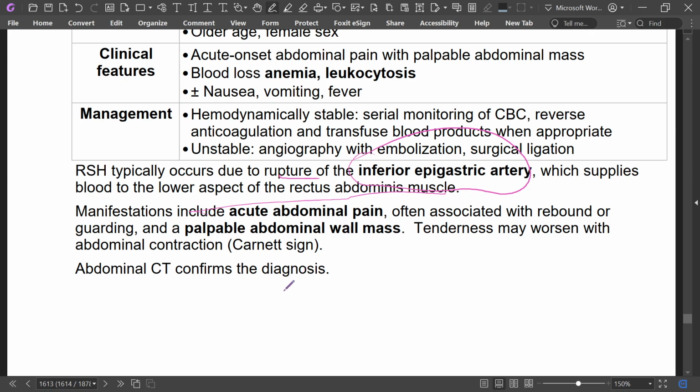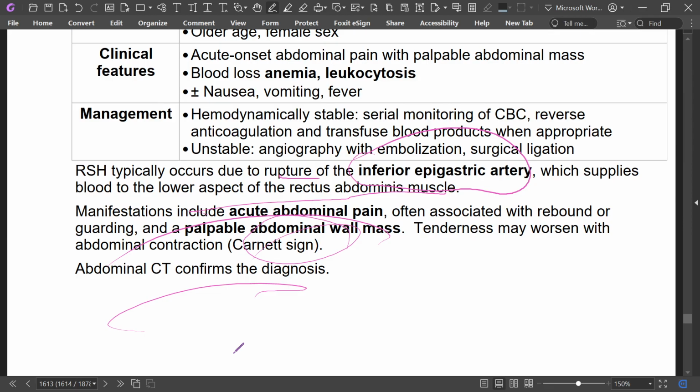Manifestations include acute abdominal pain and a palpable abdominal wall mass. Tenderness may worsen with abdominal contraction. This is the Carnett sign, which you get in rectus sheath hematoma. So in rectus sheath hematoma, we know the lower part of the rectus sheath is supplied by the inferior epigastric artery.